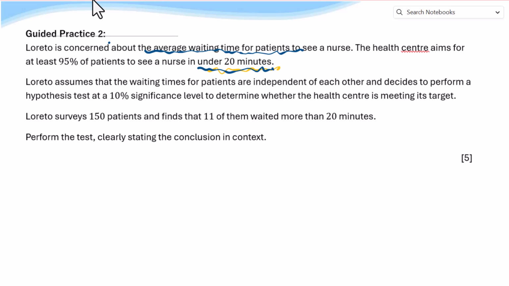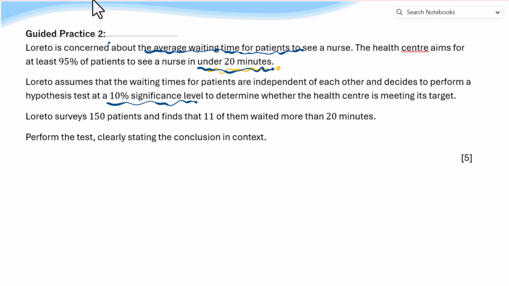Lorado assumes that the waiting times for patients are independent of each other and decides to perform a hypothesis test at a 10% significance level to determine whether the health center is meeting its target.